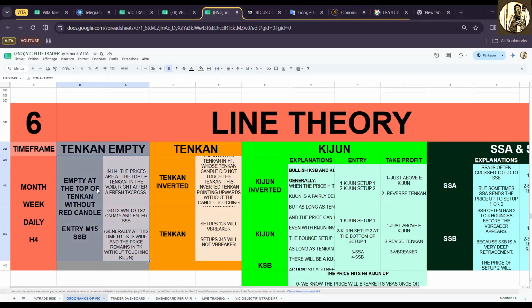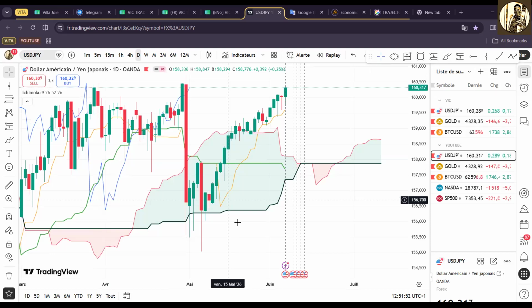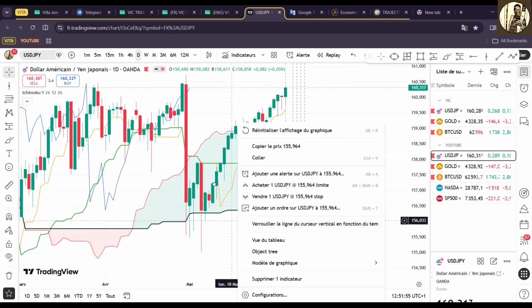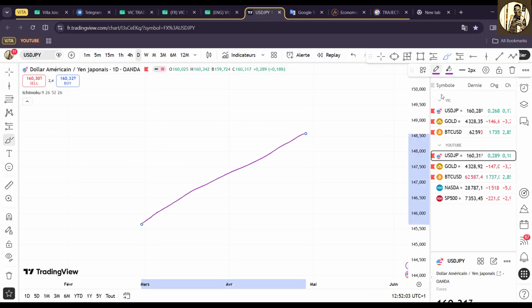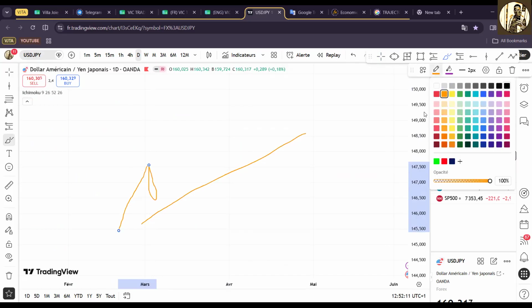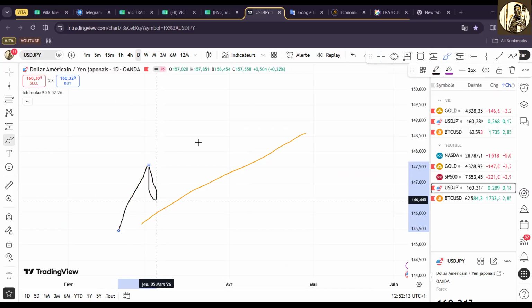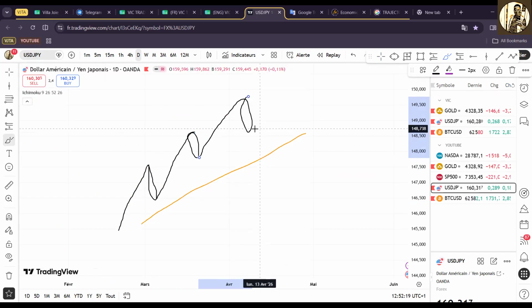What I call the Tenkan MT is that when Tenkan is bended to the upside like this, and the price is creating a red pullback above the Tenkan MT, above Tenkan without the price even touching Tenkan, right?